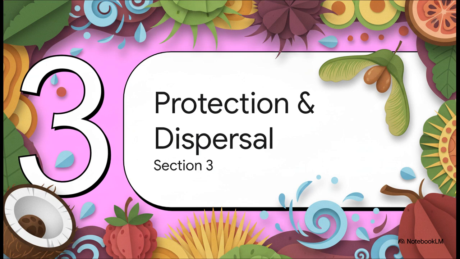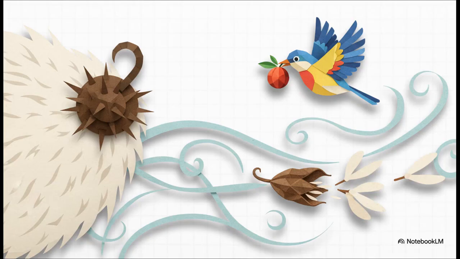Section 3. Protection and seed dispersal. So why does the plant put so much energy into creating these 3 complex layers? Well, it all comes down to 2 critical evolutionary functions, protection and dispersal. The pericarp is honestly a master of manipulation. It uses vibrant colors and exudes delectable odors just to trick animals into helping out with seed dispersal.